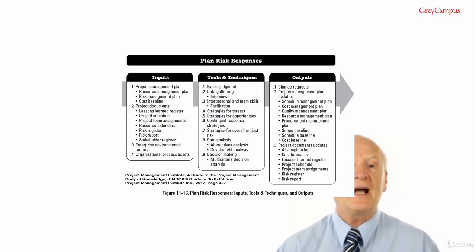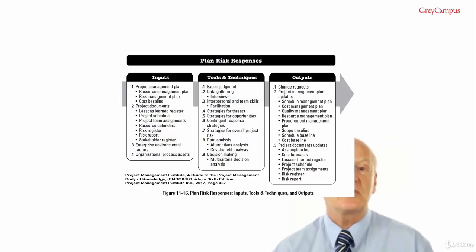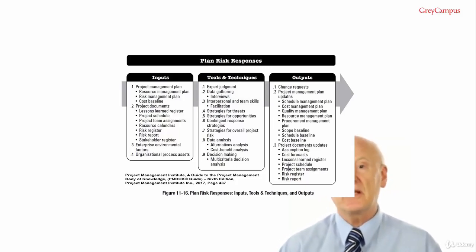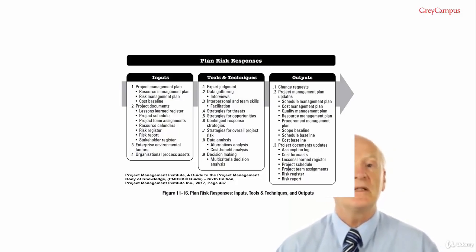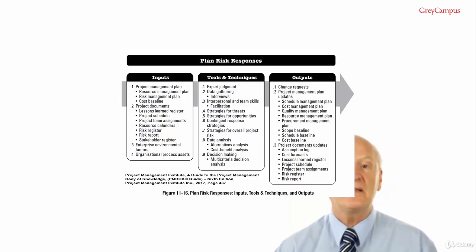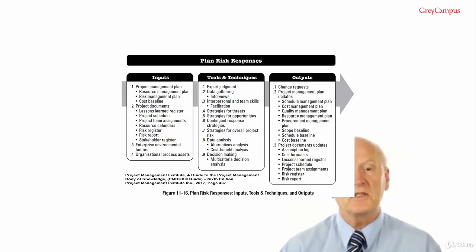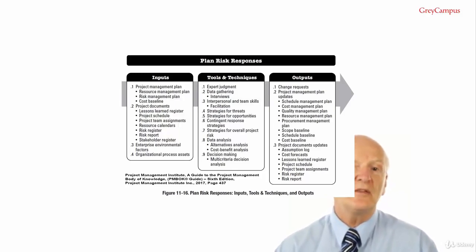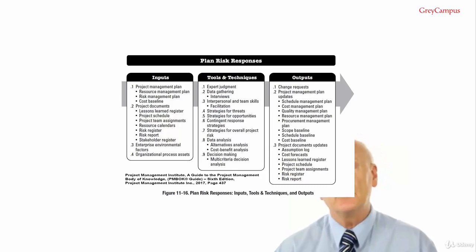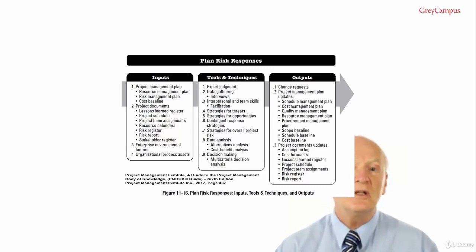Acceptance can be either active or passive. The most common active acceptance strategy is to establish a contingency reserve, including amounts of time, money or resources, to take advantage of the opportunity if it occurs. Passive acceptance involves no proactive action apart from periodic review of the opportunity to ensure it does not change significantly.